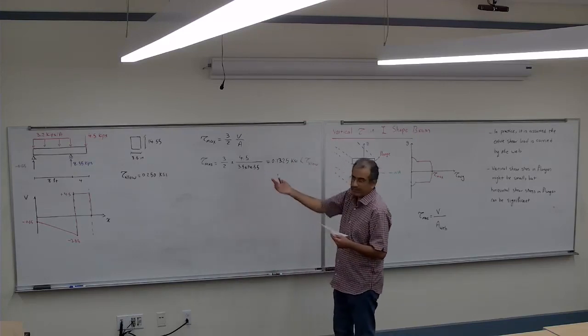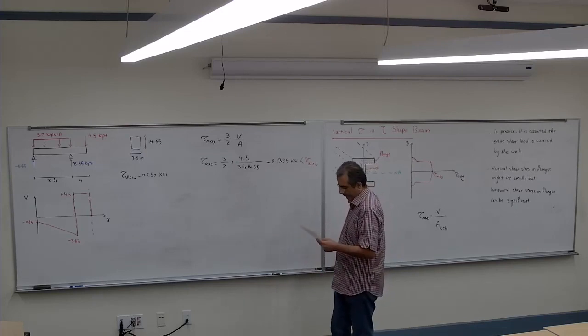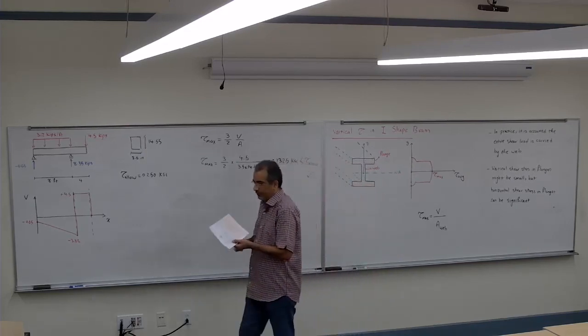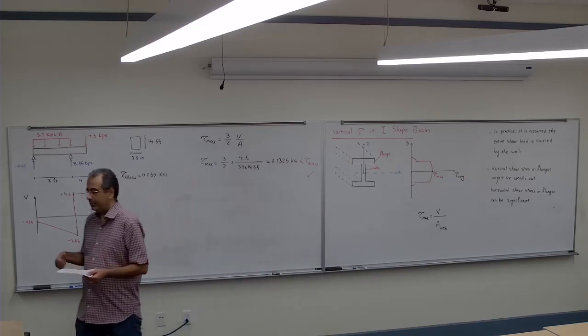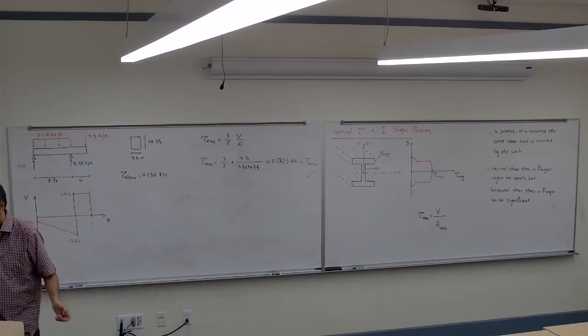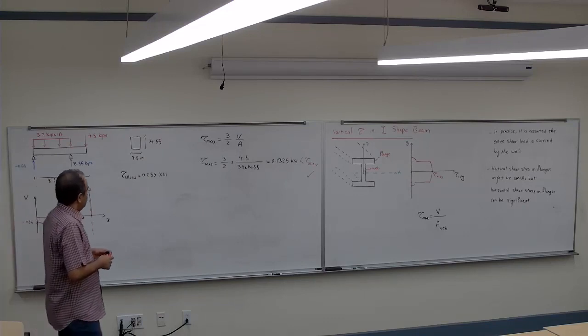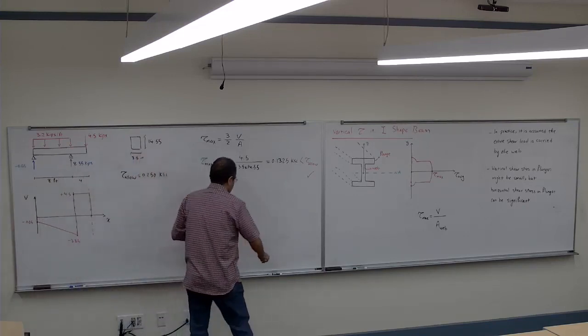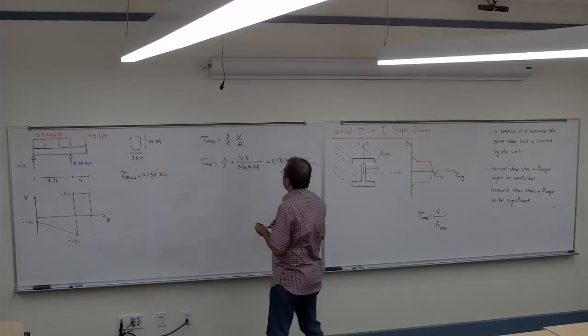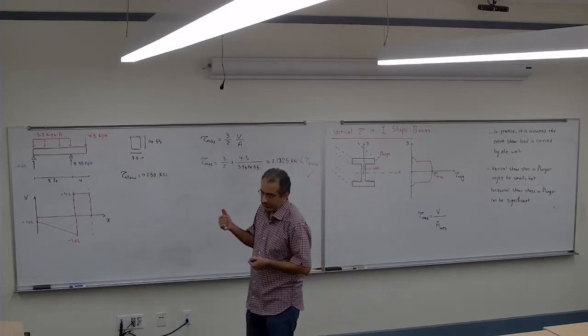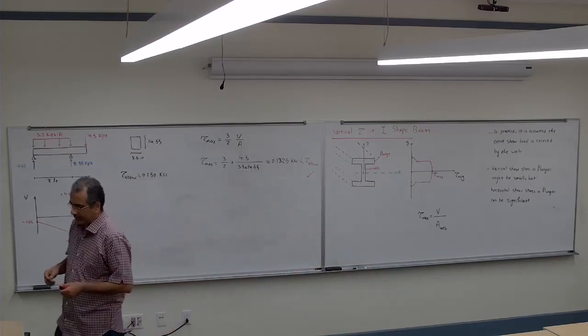So the design we had last time is good because it's less than the tau allowable. Based on the equation we used, it's fine.